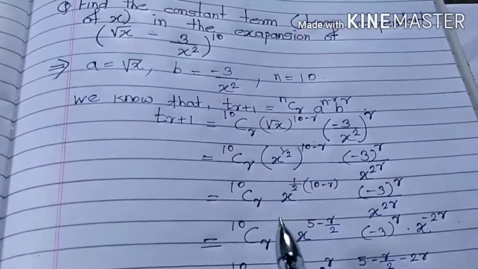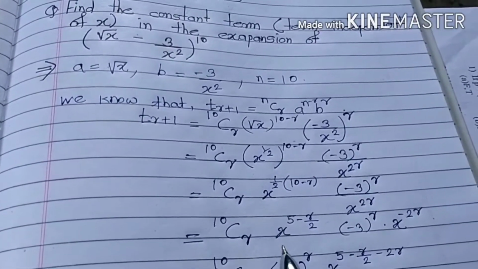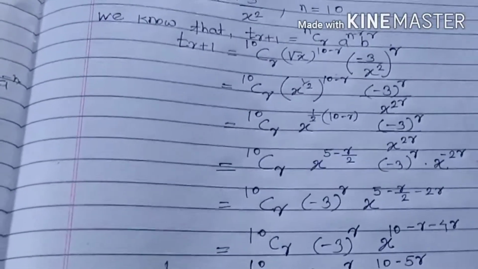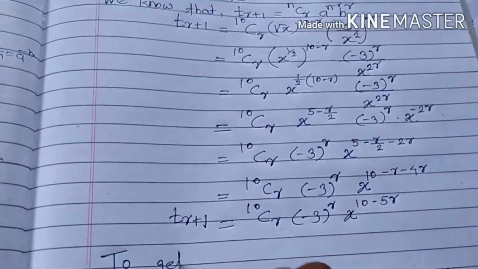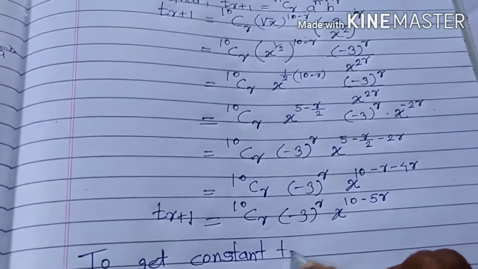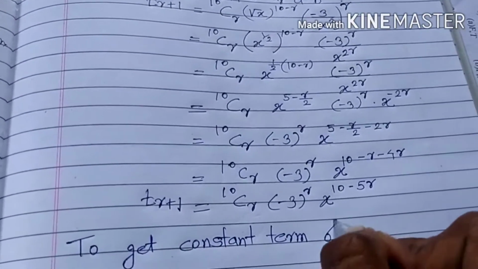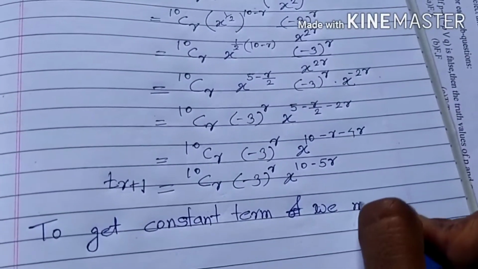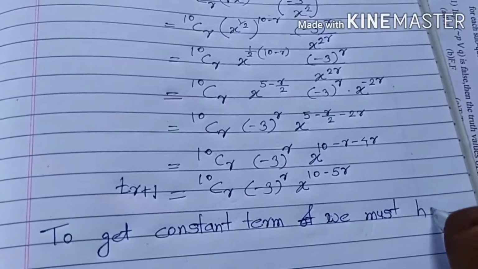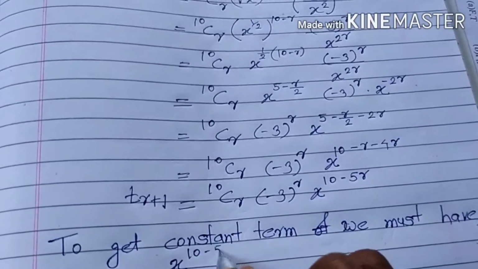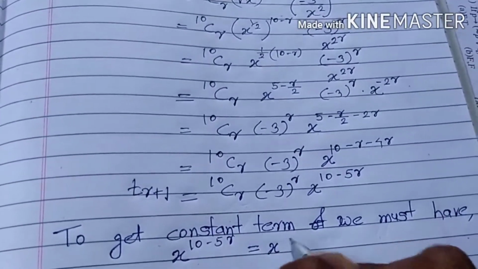Now we have to find the constant term, meaning the term independent of x. That is, to get the constant term we must have x raised to (10 minus 5r) upon 2 equal to x raised to 0.